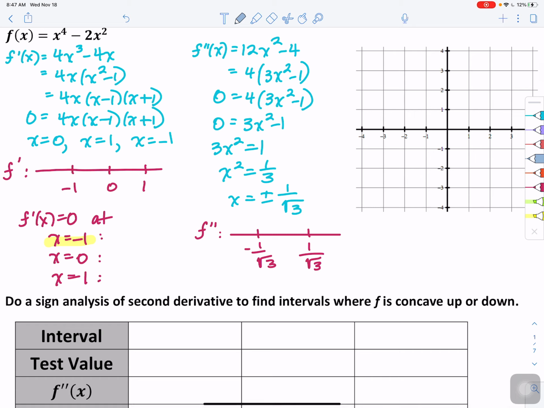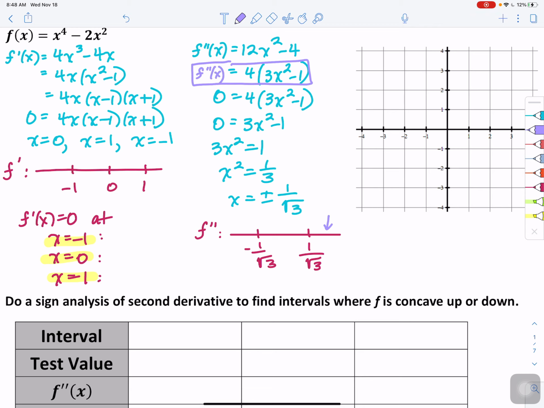Okay, so let's use some test values here. We'll actually be using these same values, which is fine. So let's put x equal to 1 here. And if x is equal to 1, here at f double prime is what we're putting in, what f double prime of x is.